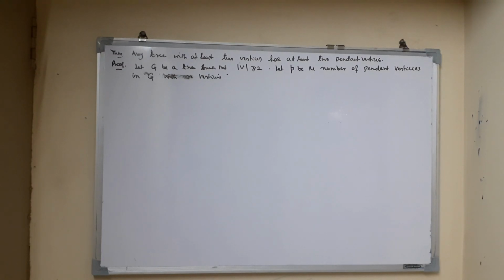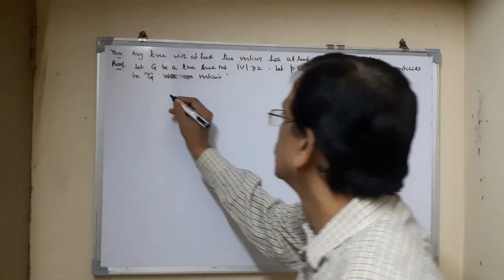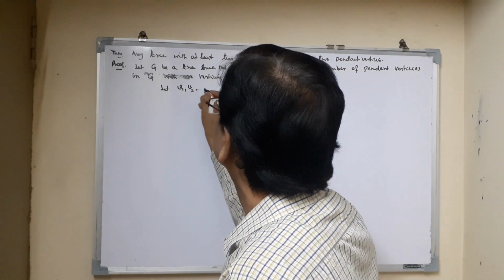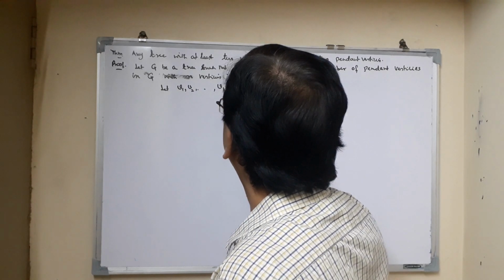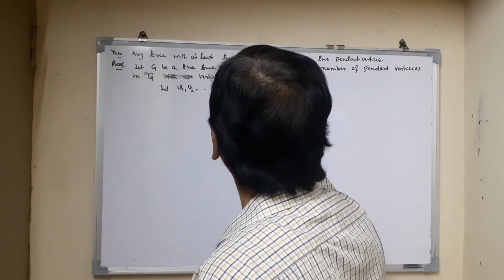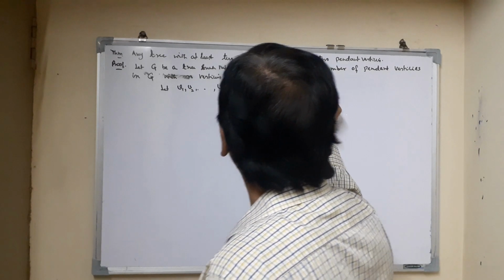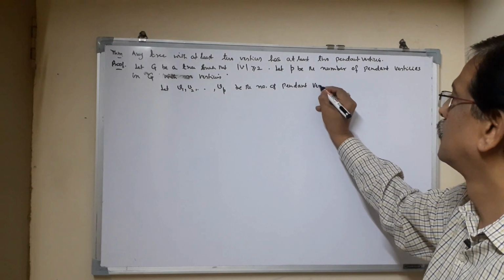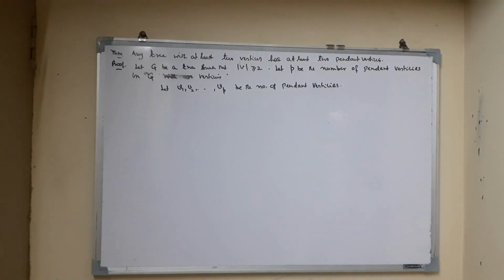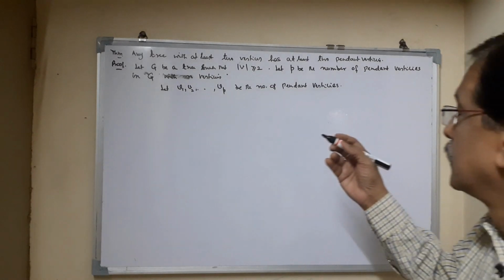And we'll enumerate. Let V1, V2, up to V suffix P be the pendant vertices. How many vertices are there in total? n vertices.